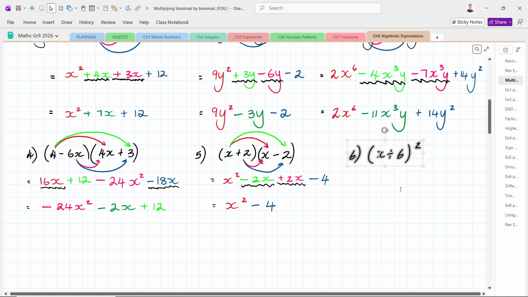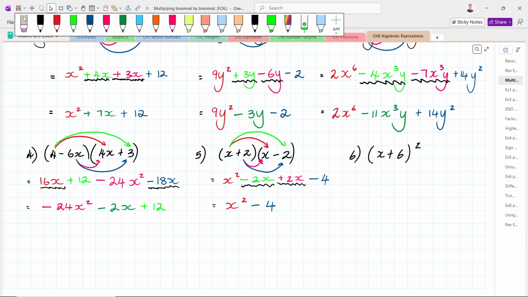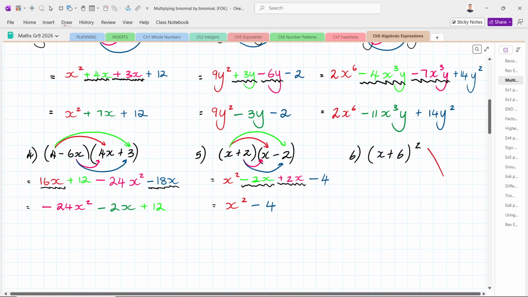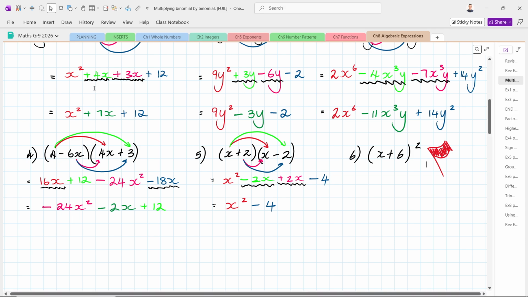Okay. Here by number 6. Big red flag. Let's draw it. Here's my giant red flag. Okay. And I'll even write it here.